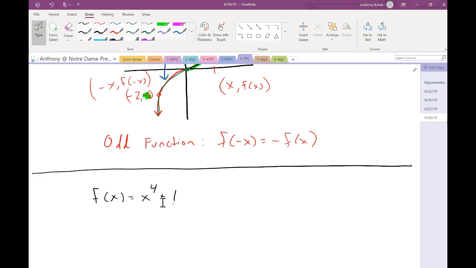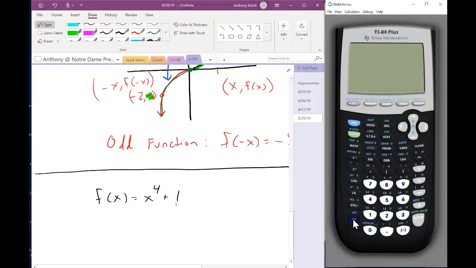Because we have a good visual understanding of what we mean by odd and even. So if I fire up my graphing calculator here, and I type in x to the 4th plus 4, and then again we'll just graph that on the standard window, we get this. Does this look even? That's what I think it looks like to me too. Symmetric about the y, right?